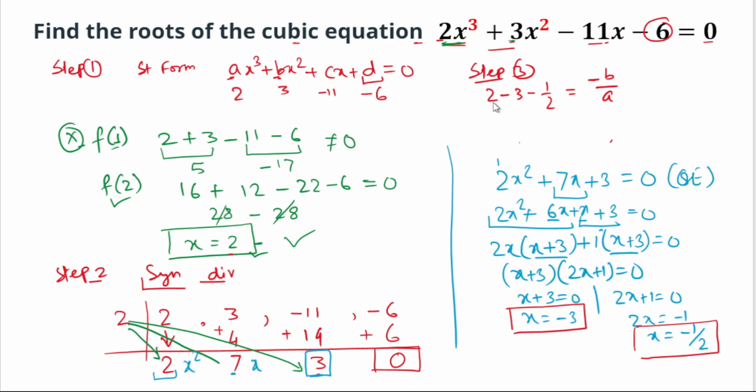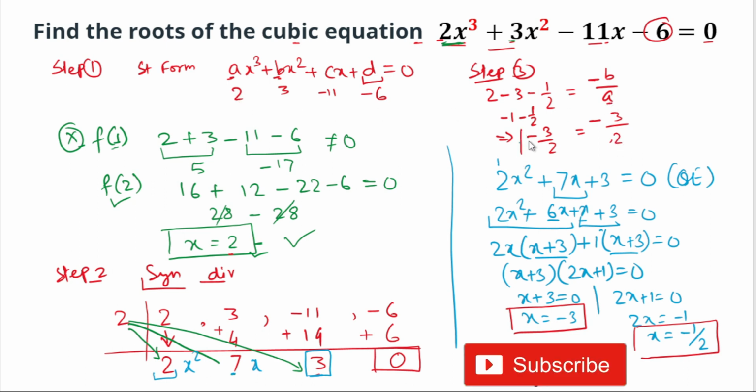Negative 3 plus 2 is negative 1. So negative 1 and negative 1 by 2 gives negative 3 by 2. Now we'll put negative b, where b here is 3, and the value of a is 2. So negative 3 by 2 is equal to negative 3 by 2.